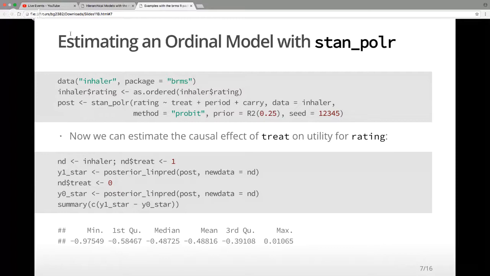What's not a good idea is to say, okay, I've got 5 categories and I understand regular logit better than I understand ordinal logit, so I'm just going to take my 5 categories and say 3 or higher is yes, and 2 and 1 is no, and then do binary logit.